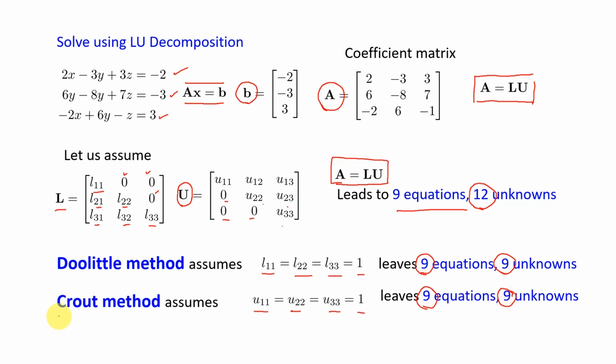And this method is called the Kraut method, and the previous method where we are assuming L11, L22, L33 equal to 1, that is something called the Doolittle method. Both the methods, as you can see, are very similar. The differences between them are quite subtle, and we will not get into all those details now. We will see how we can find all the elements of L and U using the Doolittle method.